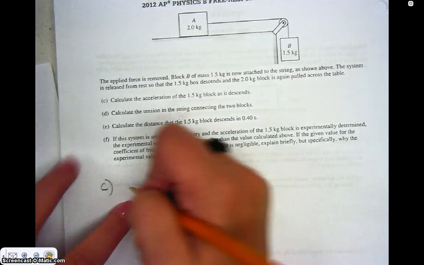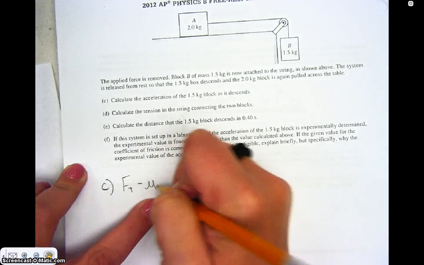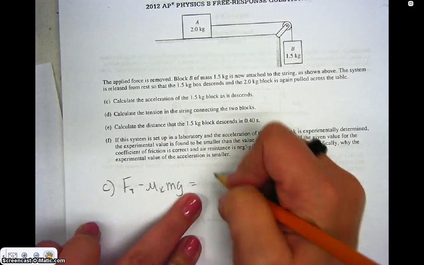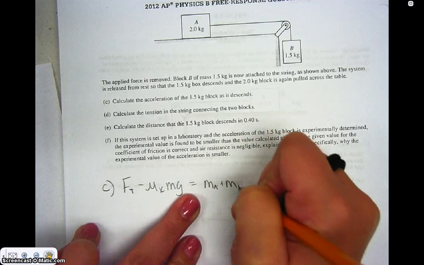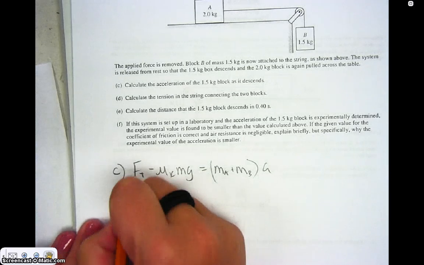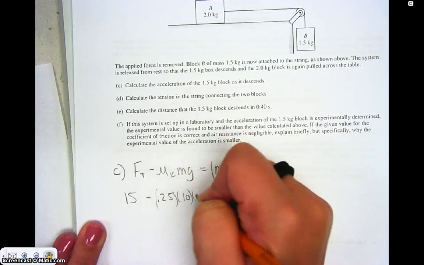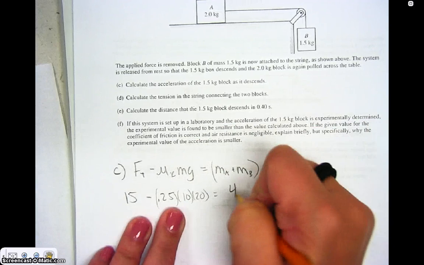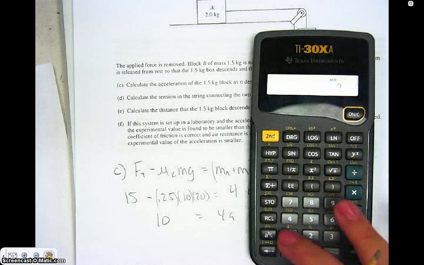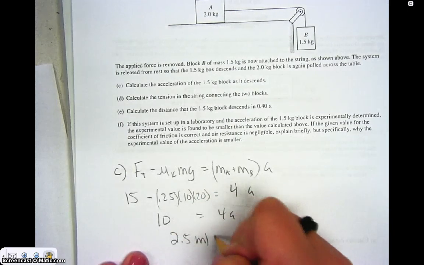So I actually get that the force due to tension minus the mu k mg of this guy is equal to m of a plus m of b times acceleration. Okay, so it's going to change just a little bit. So 15 minus 0.25 times 10 times 20 is equal to now 4a. So again, we get 10 equals 4a, and 10 divided by 4 is 2.5. Of course, 2.5 meters per second squared.